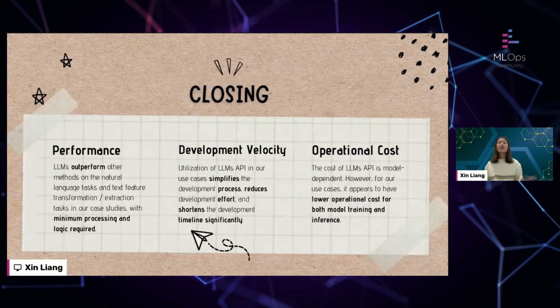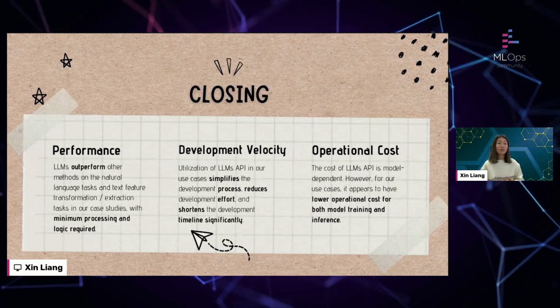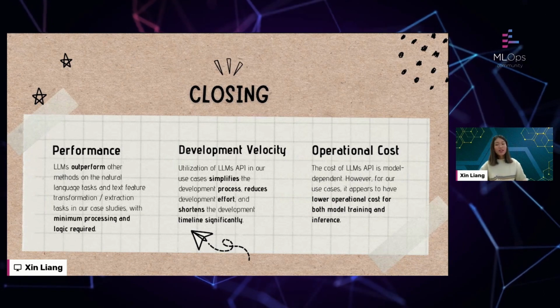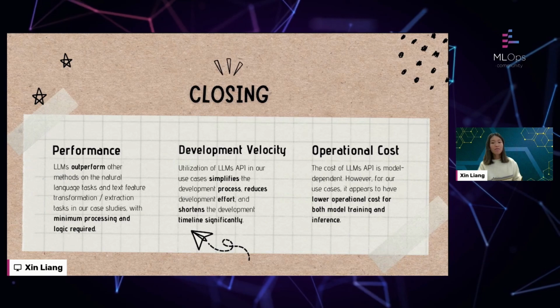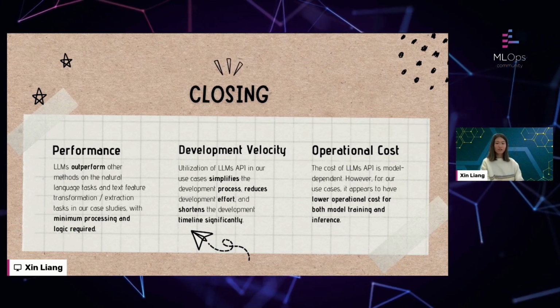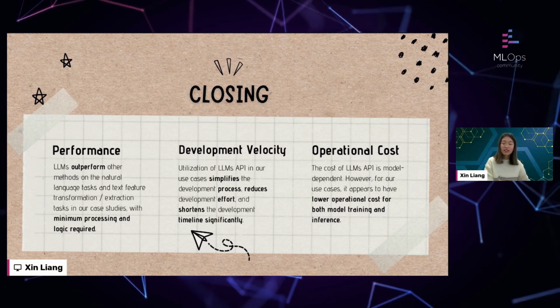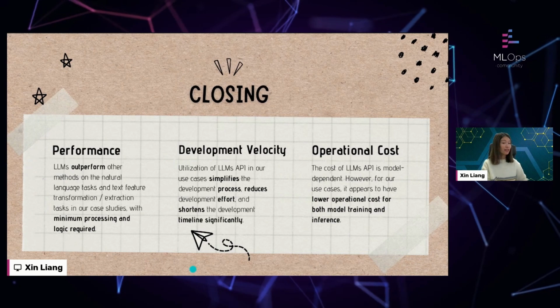So these are the 2 case studies where we evaluated LLMs as a feature extraction method to understand their operational performance better. And we concluded that LLMs outperform other methods on natural language tasks and text feature transformation and extraction tasks in our case studies, with minimum processing and logic required.